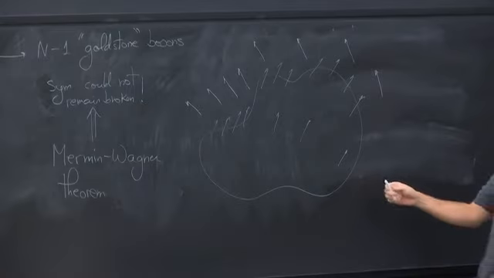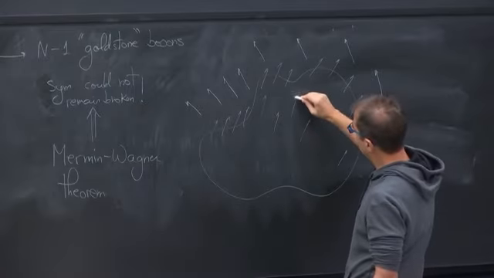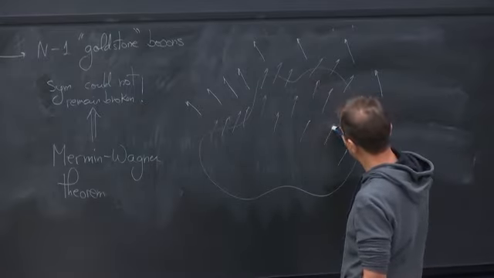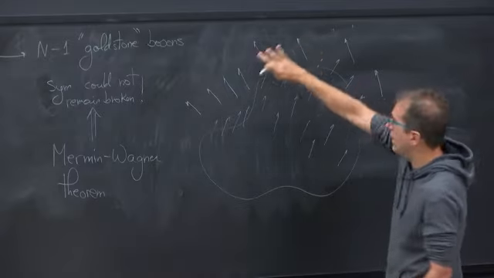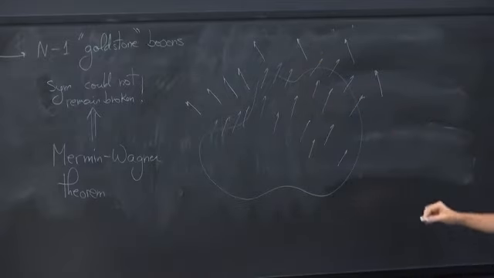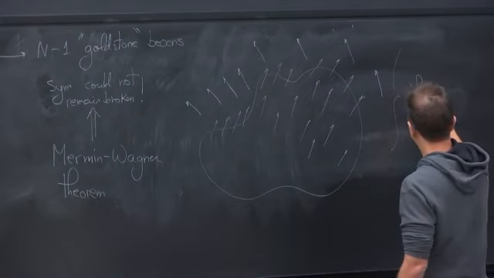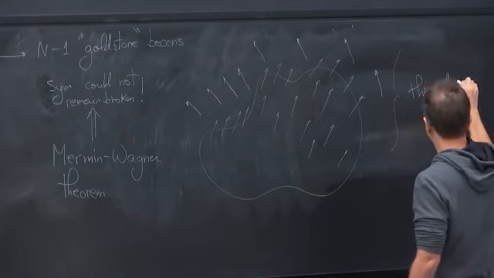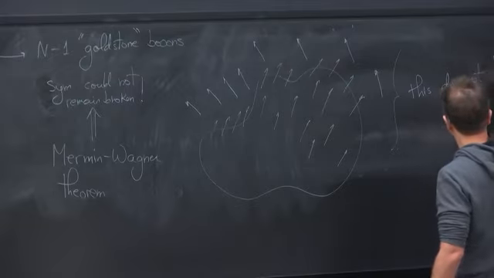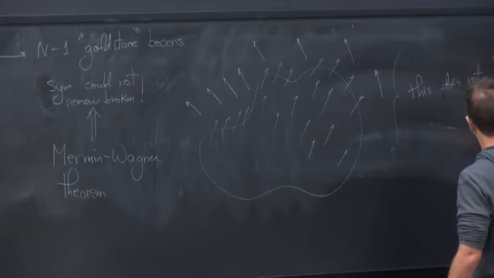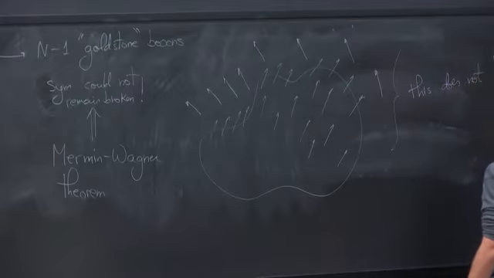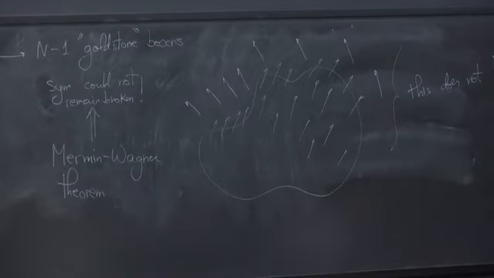So this would be order. This would be a material that is ordered. Here there is some order, and here there is another order, another phase. And so the claim is that this does not happen in D equals 2. Okay? Let me remind you why not.